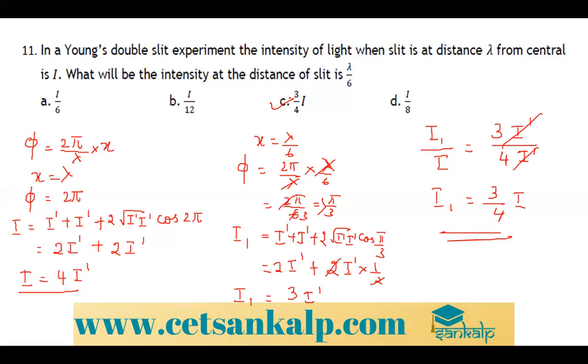In a Young's double slit experiment, the intensity of the light when the slit is at a distance lambda, first case. Second case, if the slit is at lambda by 2, ಅದರ ನ್ಯೂ ಇಂಟೆನ್ಸಿಟಿ ಏನಾಯ್ತು. ಸೊ ಫಸ್ಟ್ ಟೈಮ್ ಅವ್ರು ಹೇಳಿರೋದು ದ ಇಂಟೆನ್ಸಿಟಿ ಇಸ್ I, ಅದಕ್ಕೆ ಇಲ್ಲಿ ನೋಡಿ I ಅಂತ ತೊಗೊಂಡಿದ್ದೀನಿ. ಸೆಕೆಂಡ್ ಇಂಟೆನ್ಸಿಟಿ ಏನು, ಅದಕ್ಕೆ I1 ಅಂತ ತೊಗೊಂಡಿದ್ದೀನಿ. ಕ್ಲಿಯರ್?